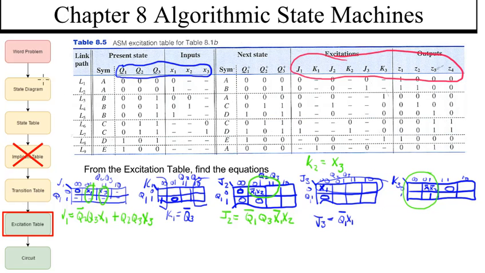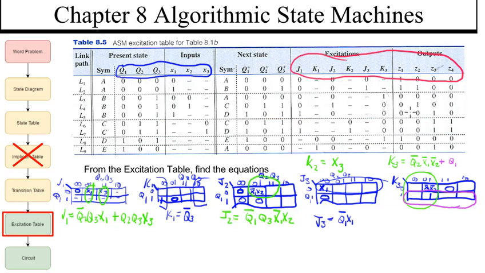It's going to equal, doesn't matter what Q1 is, Q2 is going to be a naught, X1 bar, X2 bar. And then we can make another implicant right here to catch the remaining parts of that 1 right there. So that's going to be Q1 by itself.